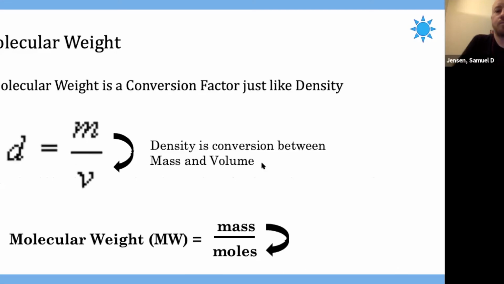Like we used in the first chapter, density was a conversion factor between mass and volume. Molecular weight, molar mass, atomic weight, whichever term you want to call it, is now a conversion factor between mass and moles.